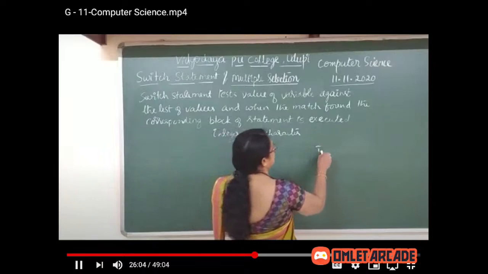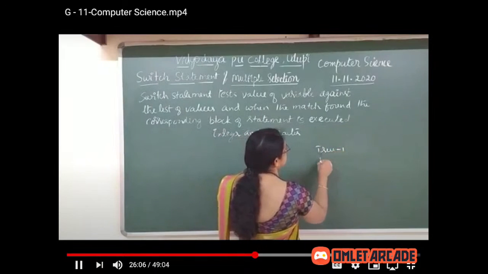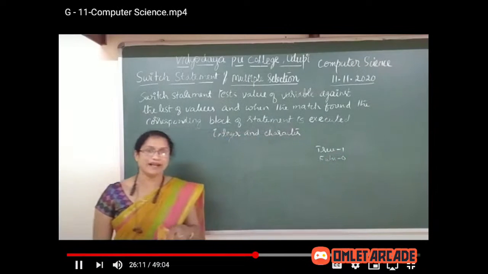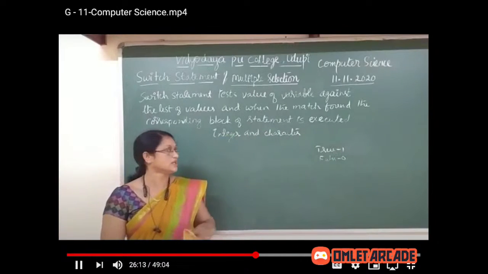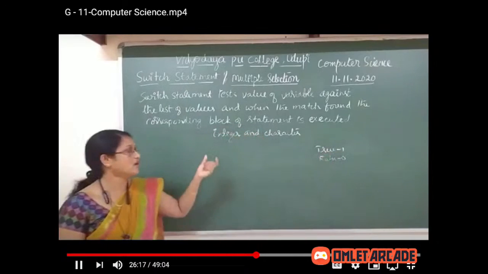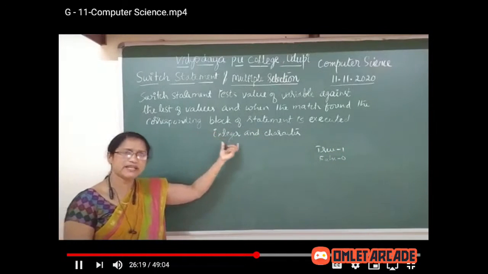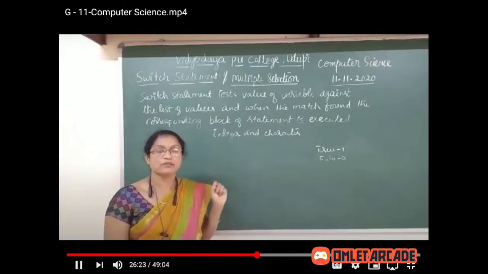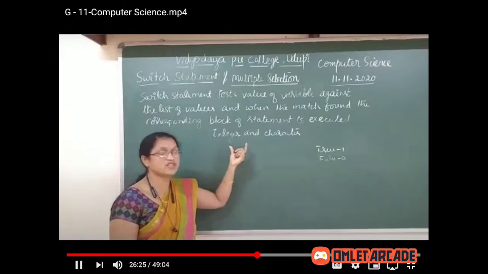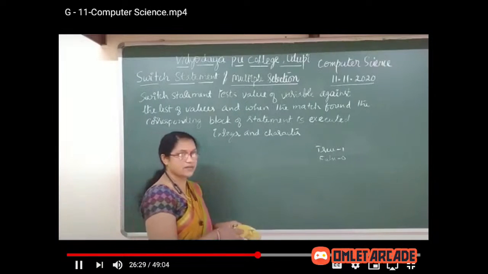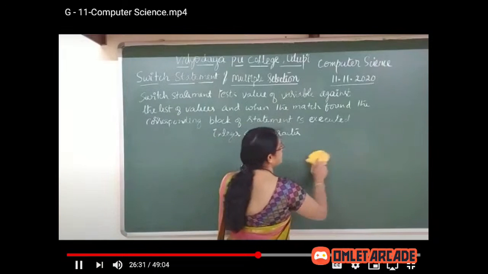True is 1, false is equal to 0. Means the numerical equivalent value for true and false is 1 for true and 0 for false. Same in your case labels: the type of values taken by case labels are always integer and character values. See, sometimes one mark question.